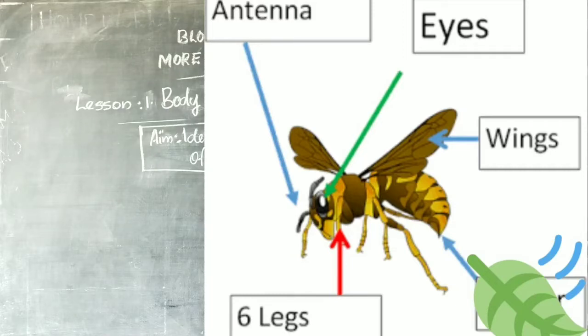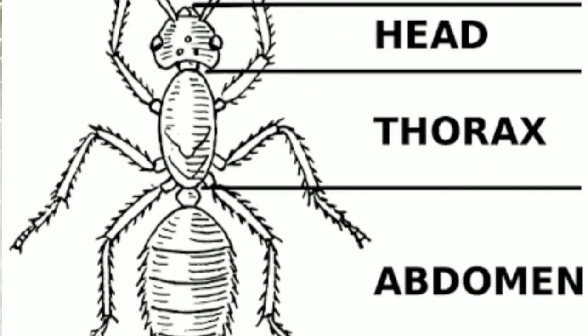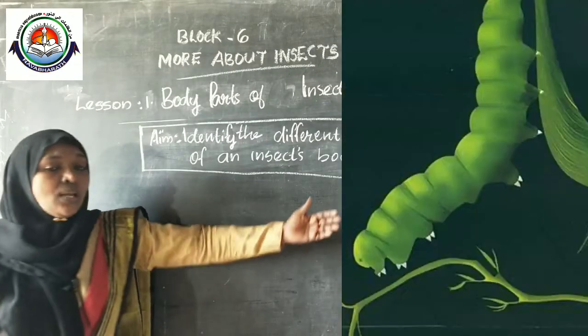Then the legs and wings are attached to the thorax part and the abdomen is on the other side of the thorax. One side is head. Eyes and antenna are attached to the head. Second one is thorax. Legs and wings are attached to the thorax and the abdomen is on the other side of the thorax.